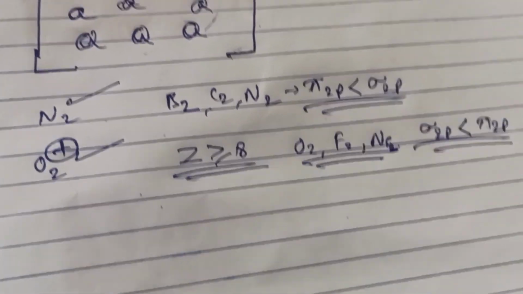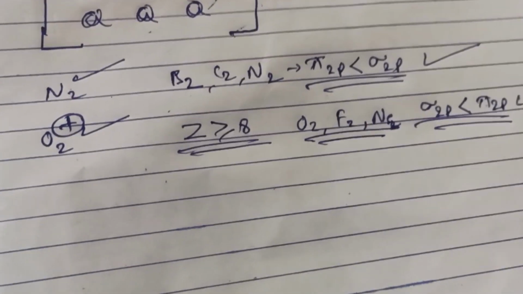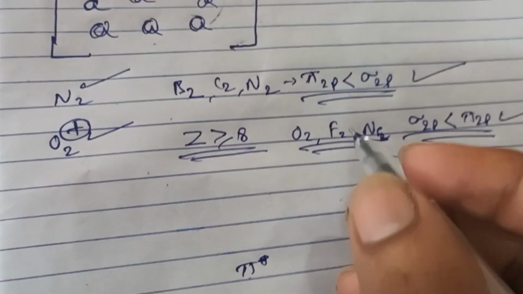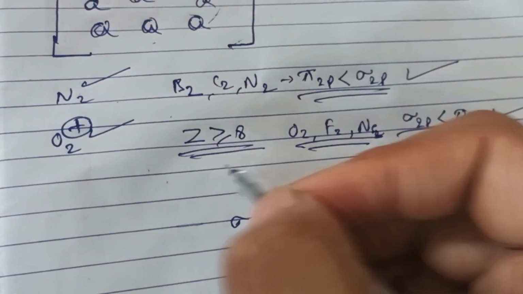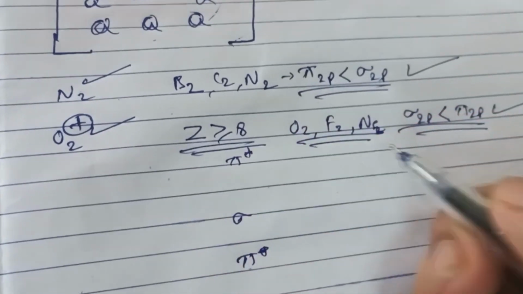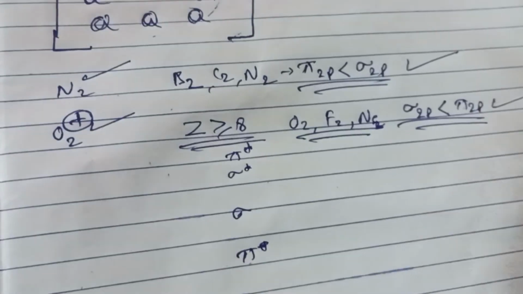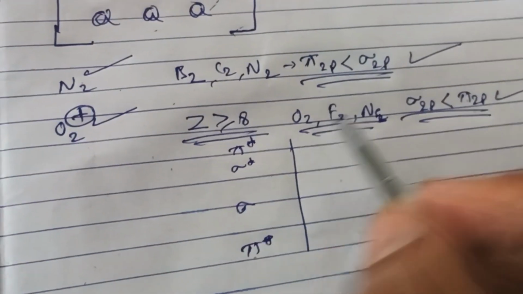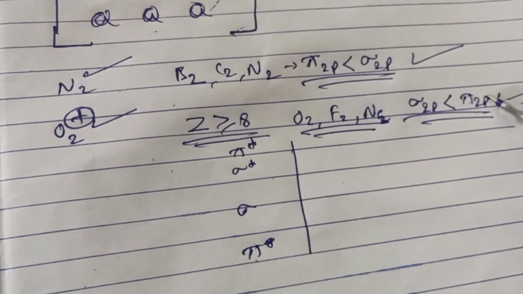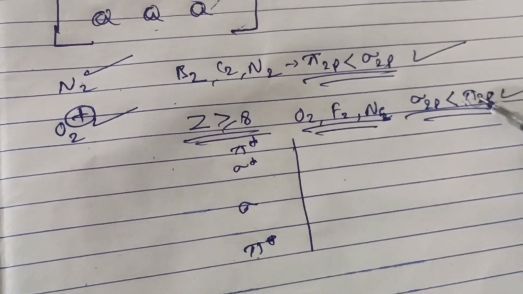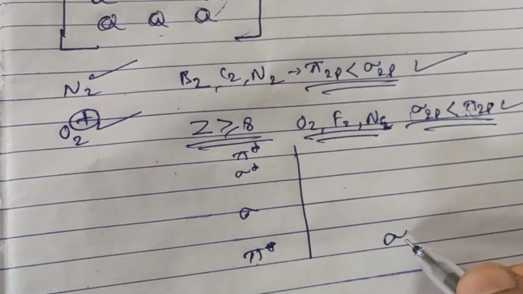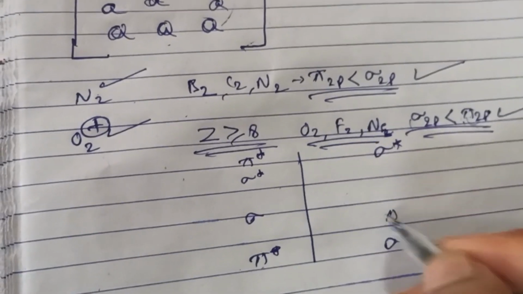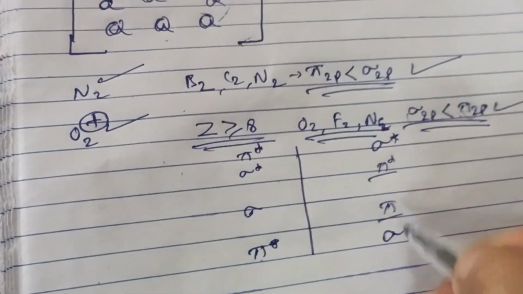You always remember these two conditions. If pi is in the lower state and sigma is in the upper state, then automatically pi star will be in the upper state and sigma star in the lower state. Understood? If pi is the higher state and sigma is lower, then sigma will be in the lower state, sigma star in the higher state, and then pi star.